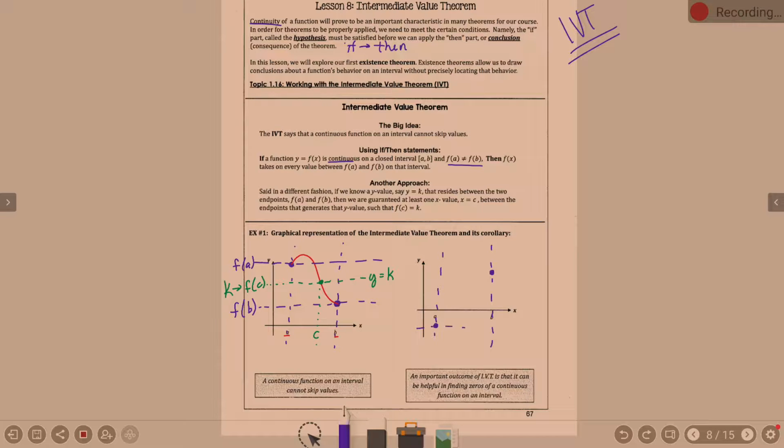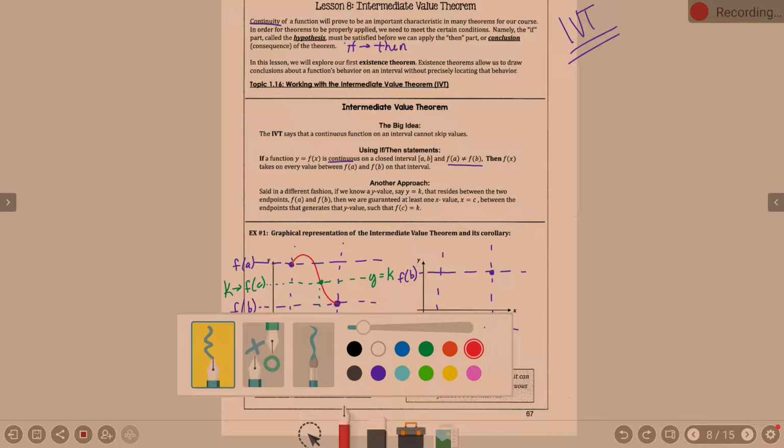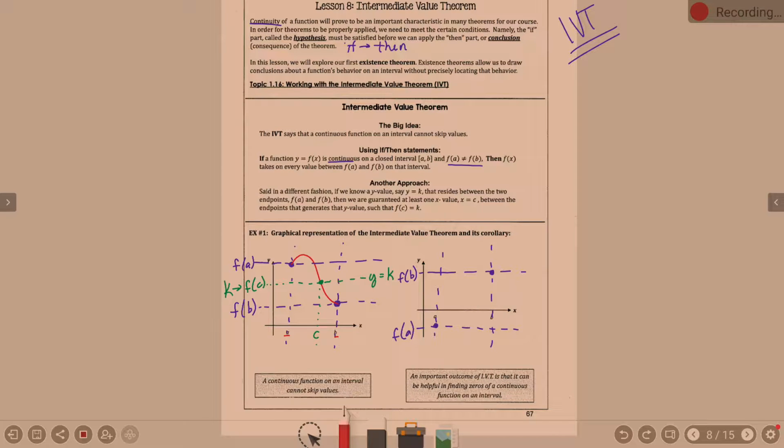Realize f of A is going to be wherever the point on A intersects. So my f of A is down there. F of B is going to be wherever my B intersects there. And if I connect those, there's no right or wrong way to connect this.